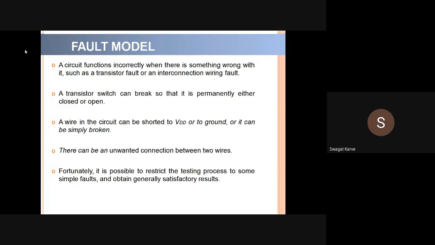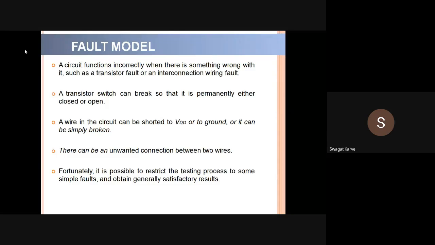Now, what do you mean by this fault model? In this method, we have to manually create some fault and check the output.